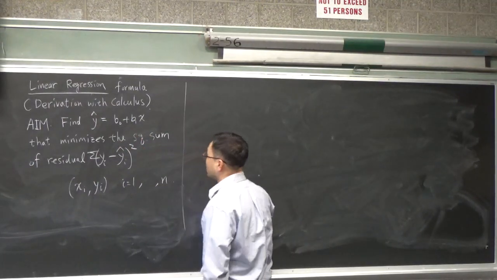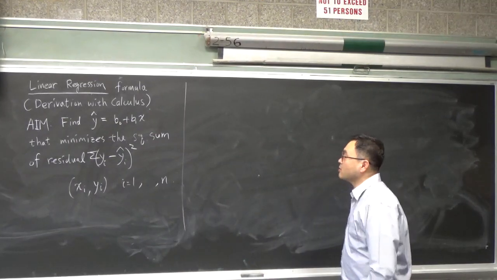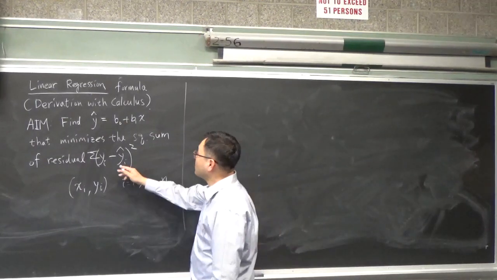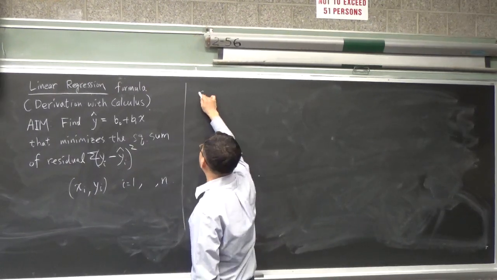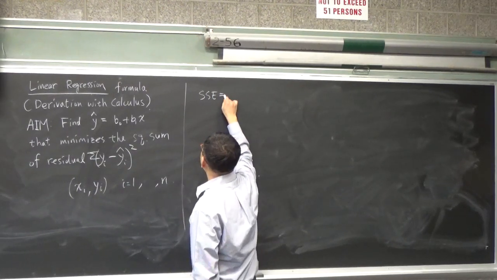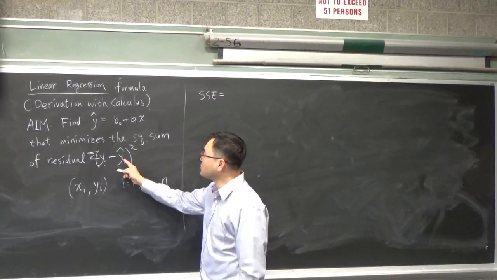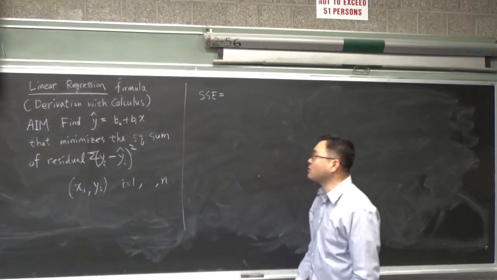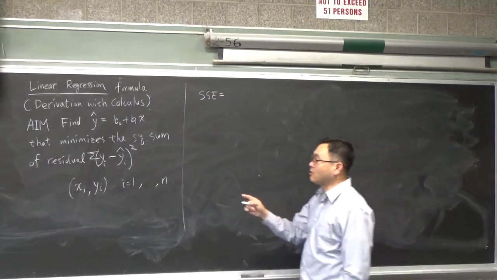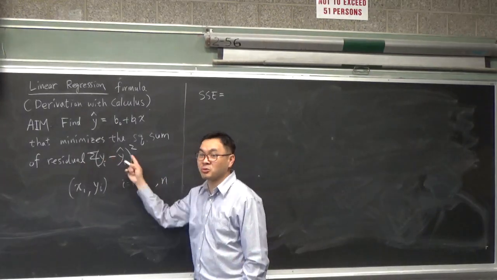Okay. So using this, let's try to write down this formula that we're trying to minimize. This one is called the sum of squares of error, because this is the predicted value, that's the actual value. If you subtract the actual minus the predicted, that's called the error, right?